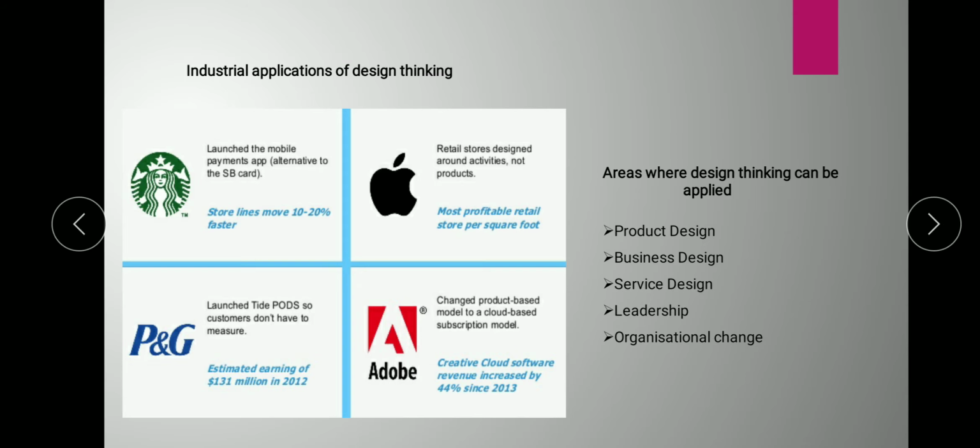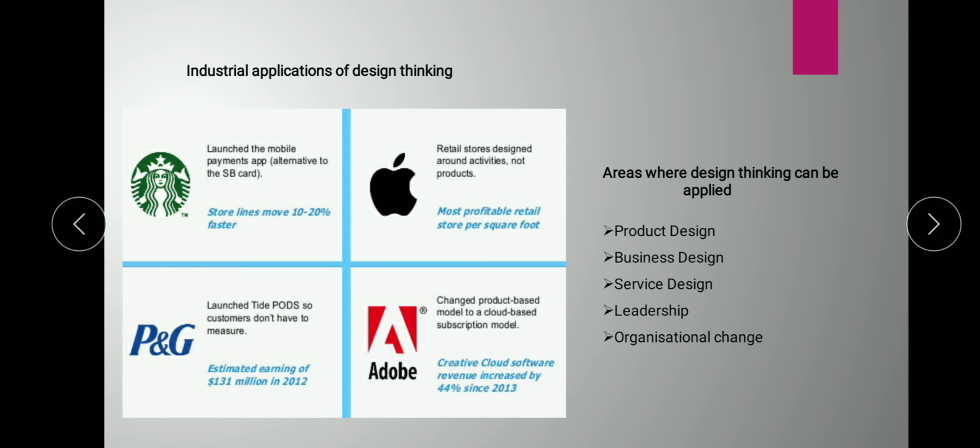Let's see in the industry the various applications of design thinking. It's used by Starbucks, Apple, Adobe, P&G. All these companies use design thinking. Adobe used to have CDs sold in the shop, with a product key written on them.